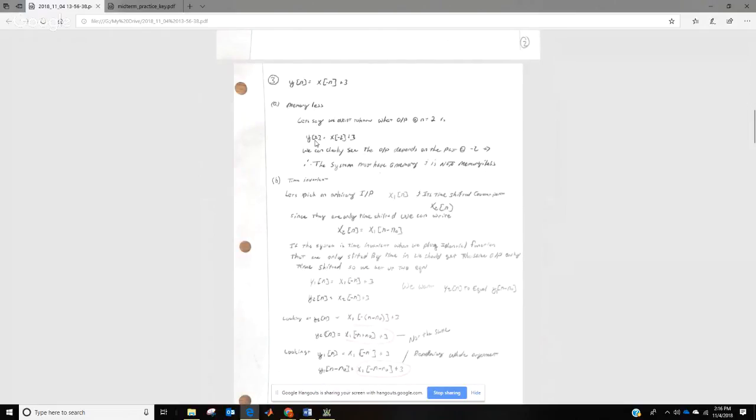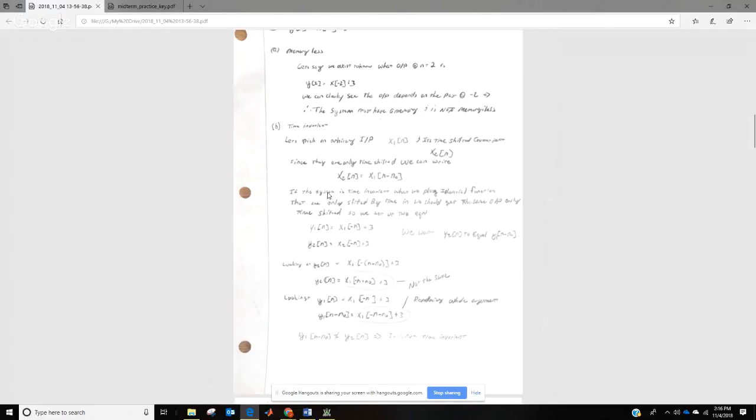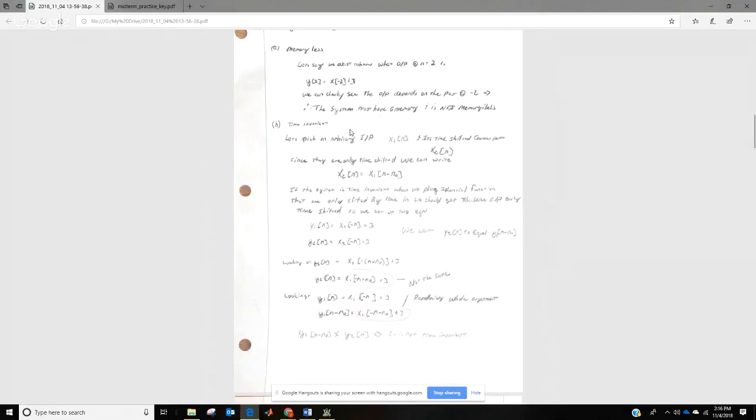We can see that y of 2 is equal to x of negative 2 plus 3. So therefore, we can see that the output clearly depends on the past, and that we must have some sort of memory, and it is not memoryless.